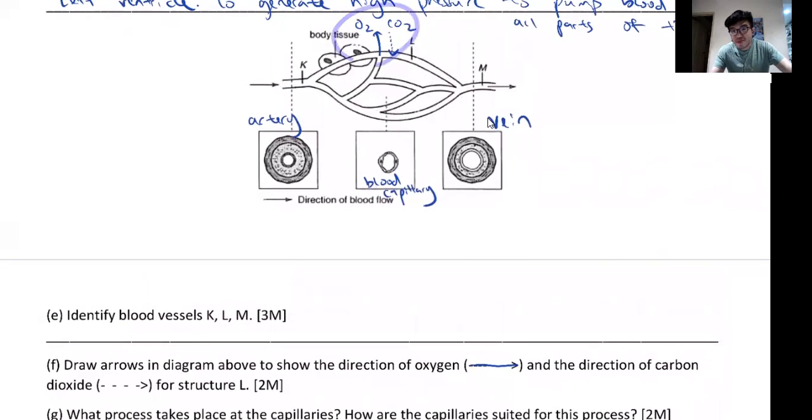This thing must happen. If not, you will die. Cells cannot live without oxygen for more than 15 minutes. When a certain part of your body lacks oxygen, your body will start to die. That's what we call necrosis. Necrosis is when one part starts to die. That's why heart attack, you die.